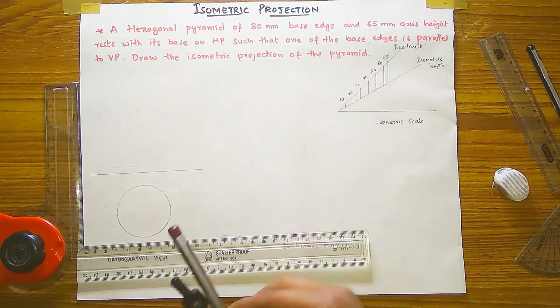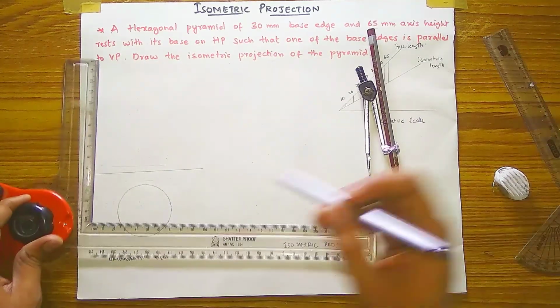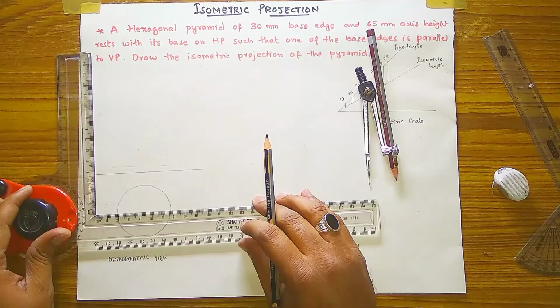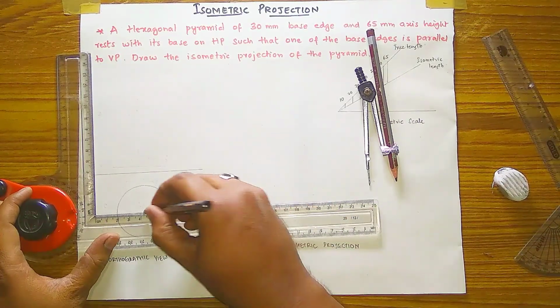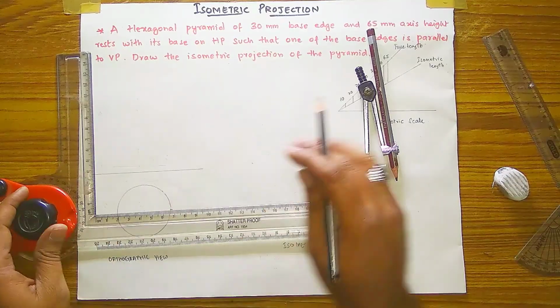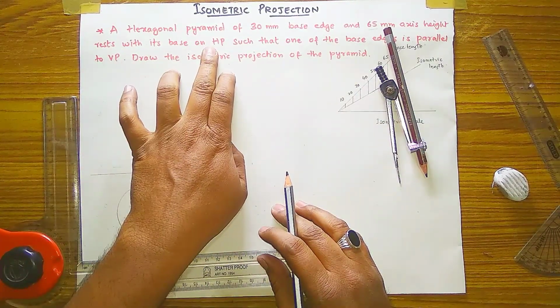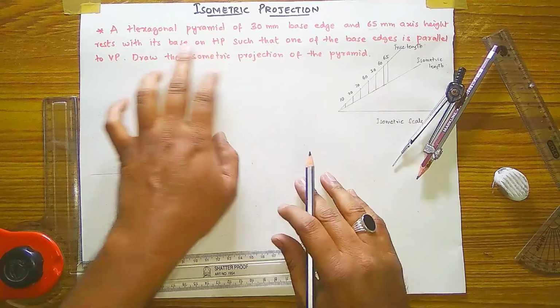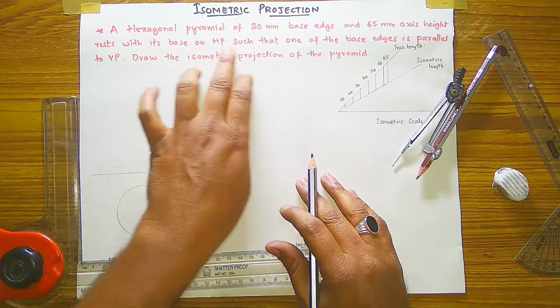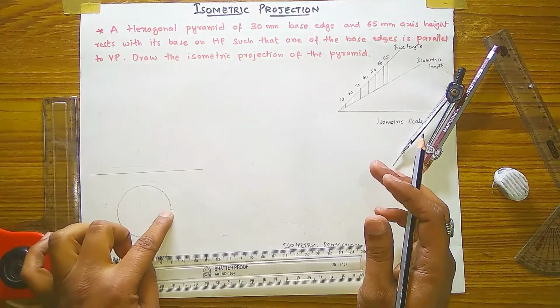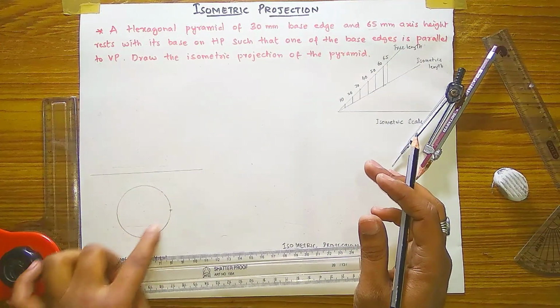After drawing a circle, you have to adjust your mini drafter with the center point of that circle and put a dot here, because the hexagon is resting with its base on HP. Whenever the hexagon is resting with its base on HP such that one of the base edges is parallel to VP, your hexagon is resting on a corner like this.